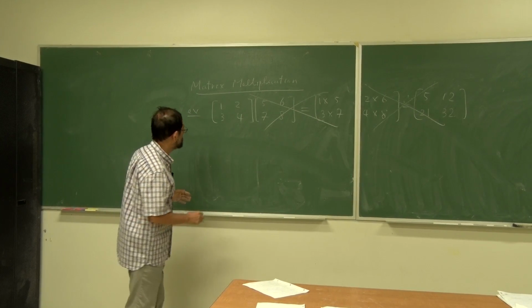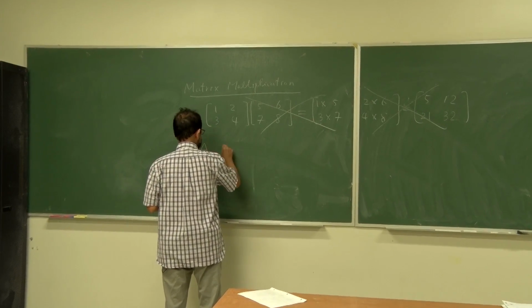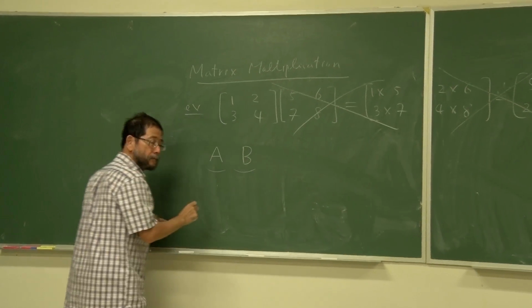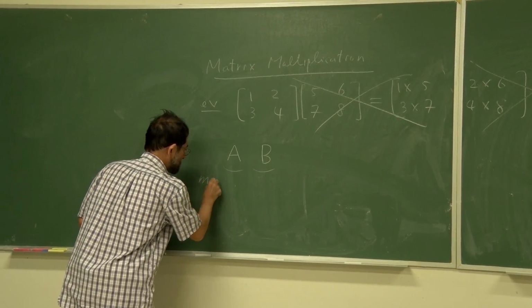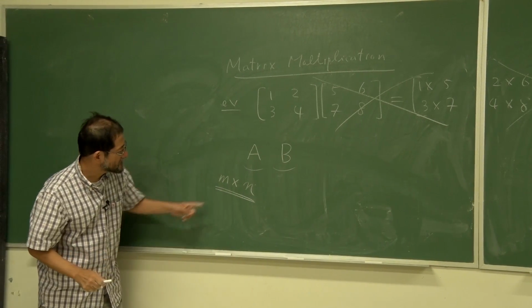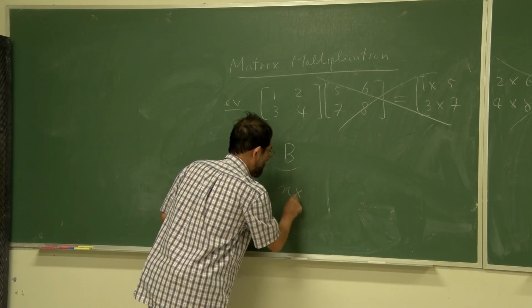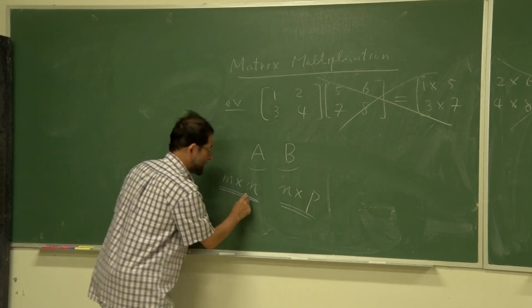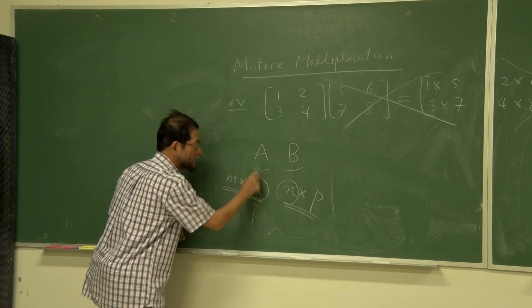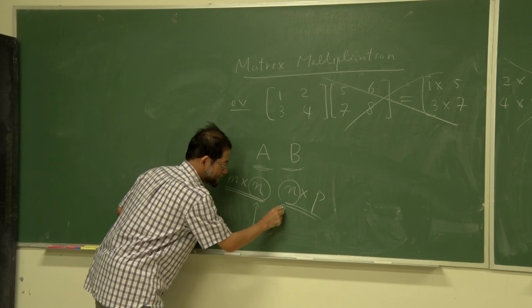First of all, you can only define the matrix multiplication A times B when the sizes match, not necessarily the same size. Suppose A has size m by n, and B has size n by p.